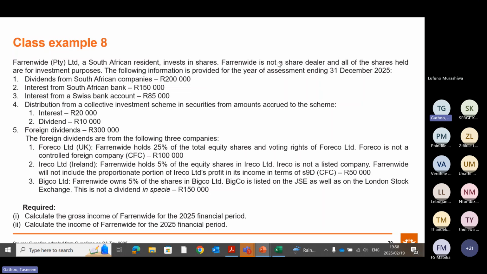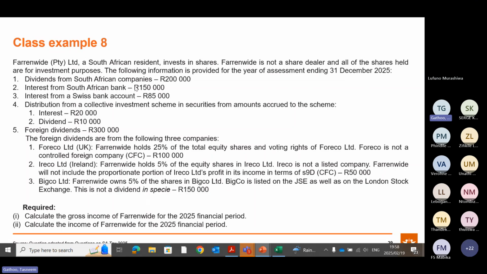But remember again, we're looking at the special inclusion provisions that would say certain amounts, irrespective, would be included even if they are capital in nature. And also the other principle that comes out of this is we're speaking about investments in shares, and they earn dividends and interest on these.